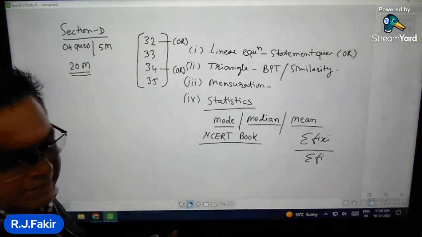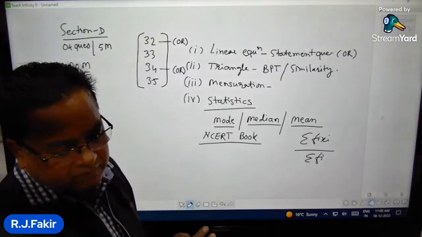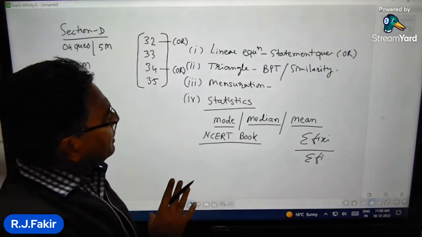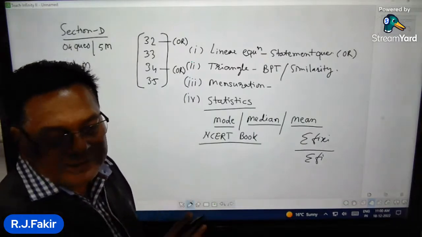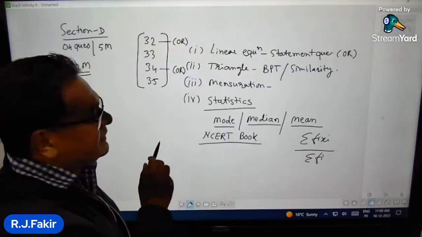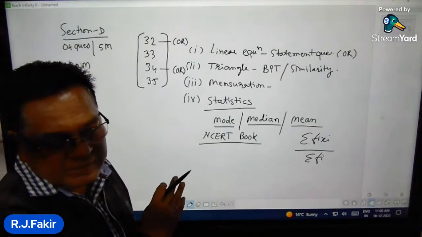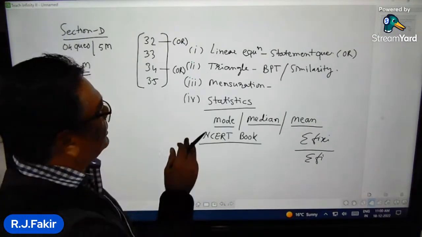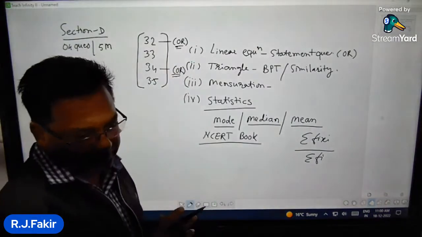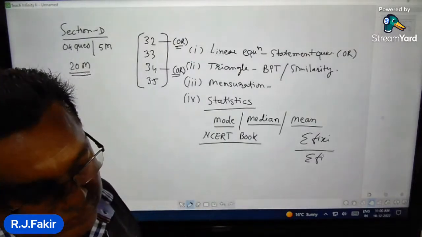You read both of the parts of that question. Don't just read one question and start solving it. My advice is to always go through the question paper thoroughly. And whenever you have the choices, one has a great chance to score. So if you are comfortable with any of the parts, you should use that one and use it judiciously. Read the question carefully and then you can take a decision which part you have to solve.